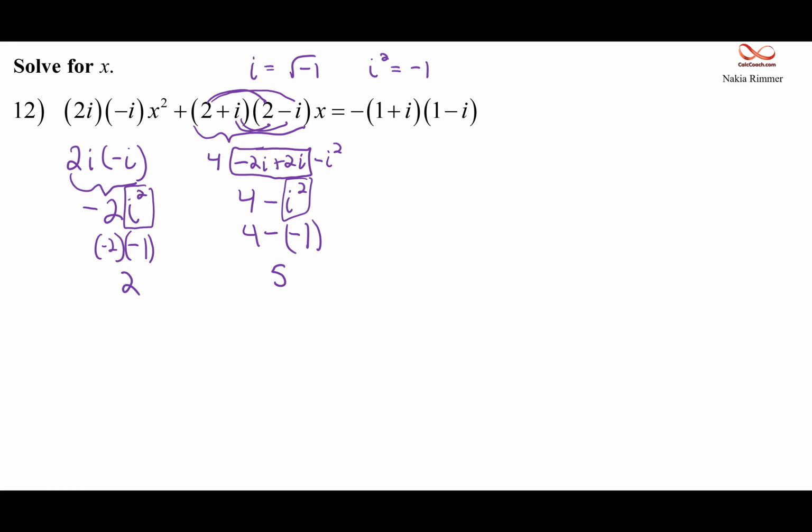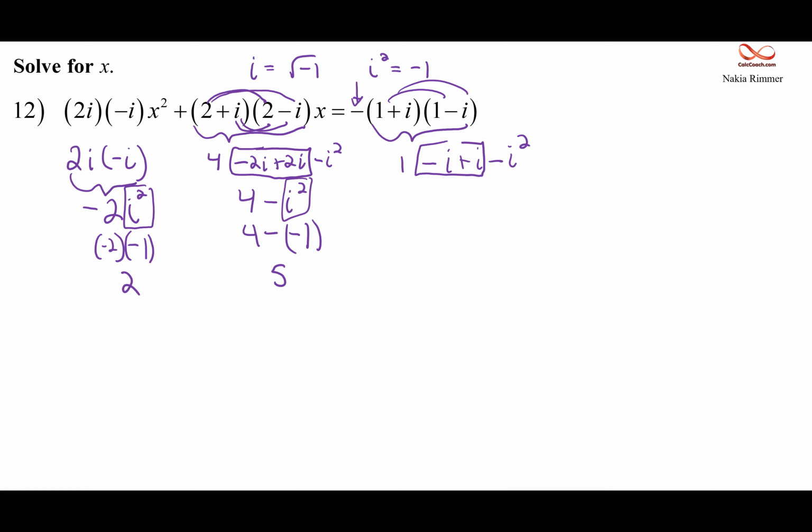And then finally, same kind of action, 1 plus i times 1 minus i, giving us a number times its complex conjugate. So we shouldn't have any imaginary. And then please don't forget the minus that's on the outside. Handle that last. FOIL, 1 minus i plus i minus i squared.